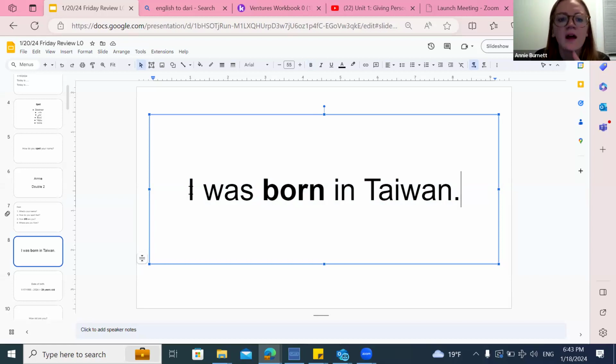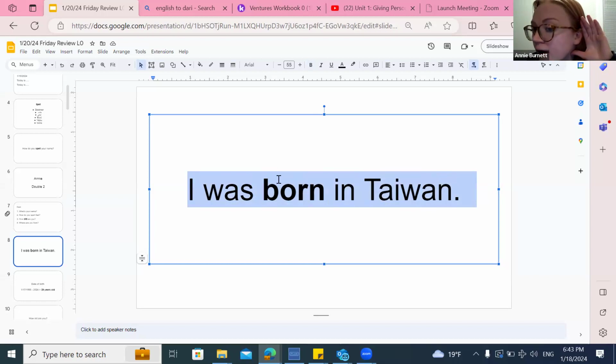I was born in Taiwan. For example, maybe you lived in Afghanistan, Pakistan, India, United States, maybe four countries, right? Born is where you were a baby.